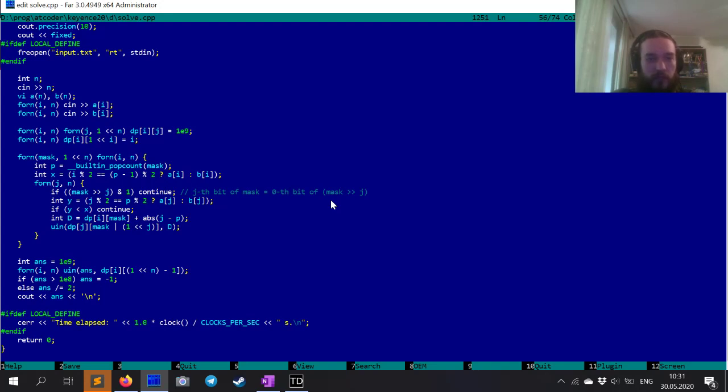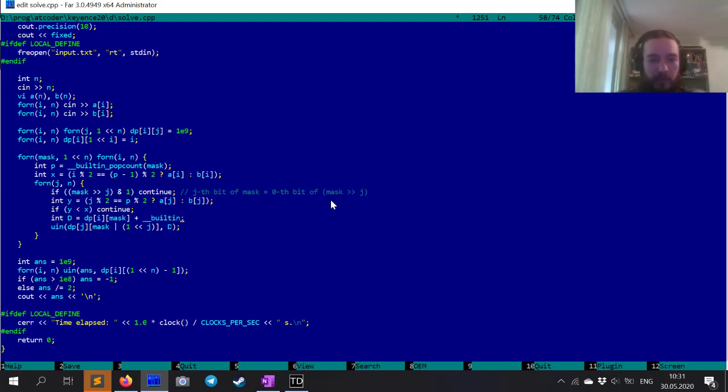So instead of this, what should we add? The number of bits of mask that are larger than j. There are a few ways to do that.